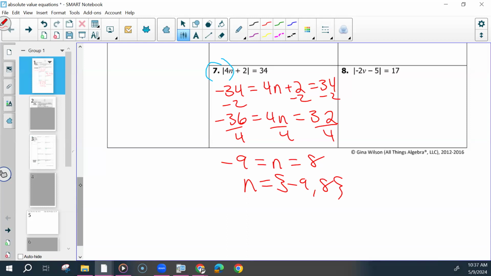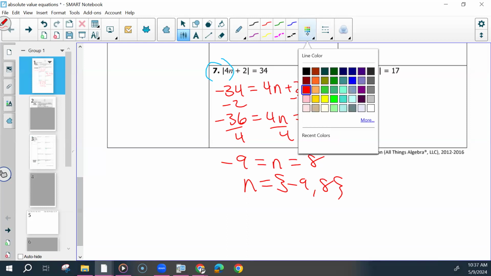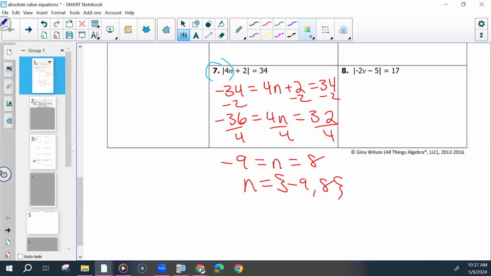Questions so far? Are there any questions on the front page you want me to go over before we go to the back? Sure. So we're going to set it up the same way, set it equal to a negative and positive version of 17. How would we start solving that?